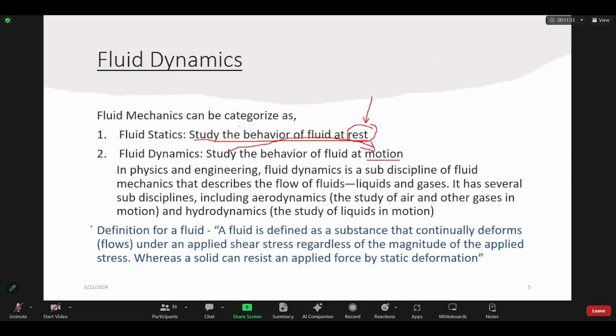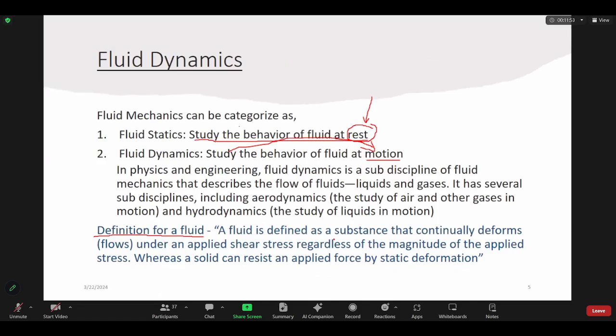This is the definition of a fluid. A fluid is defined as a substance that continually deforms under an applied shear stress regardless of the magnitude of the applied stress, whereas a solid can resist an applied force by static deformation.